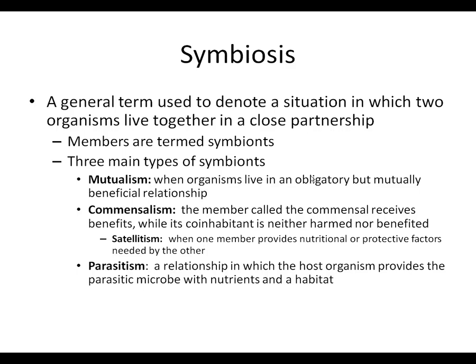The parasite itself, that parasitic microbe, is going to gain all of the benefit, and the host is going to be the recipient of all of the harm. So this would be what we call a plus-minus relationship. A commensal relationship would be a plus-zero relationship, and then mutualism would be a plus-plus relationship.